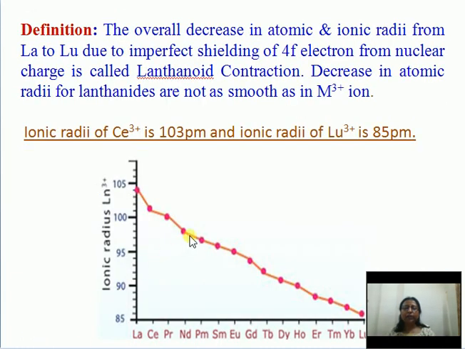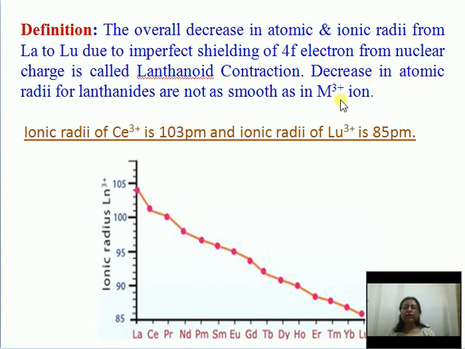So now comes the definition of lanthanoid contraction. We can say that the overall decrease in atomic and ionic radii from lanthanum to lutetium due to imperfect shielding of 4f electrons from nuclear charge is called lanthanoid contraction.